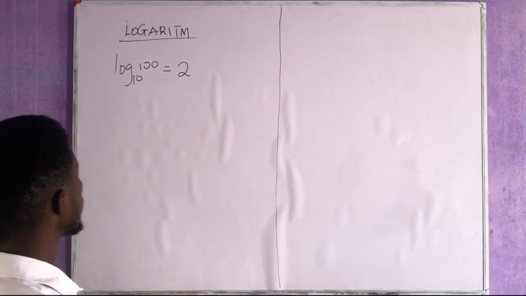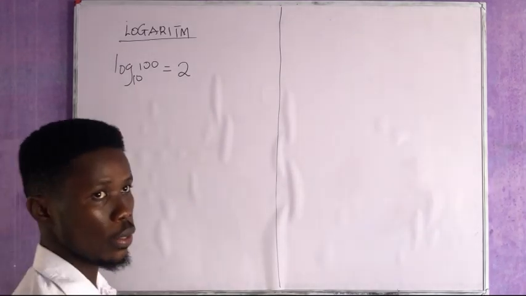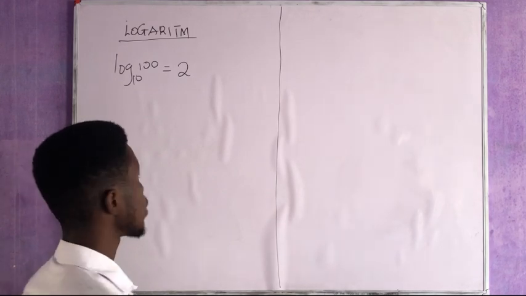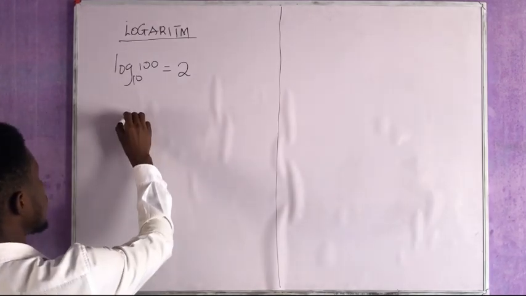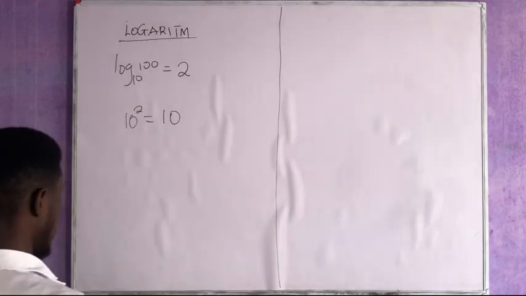Is that okay? Now, you also realize that from exponential functions or from indices, we said that 10 to the power 2 is what? 100.